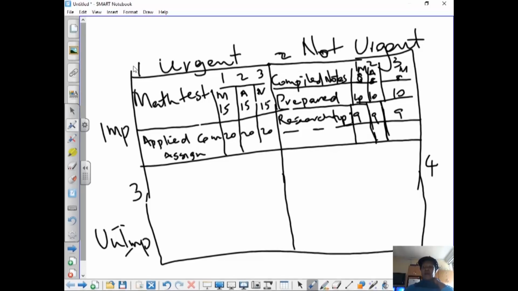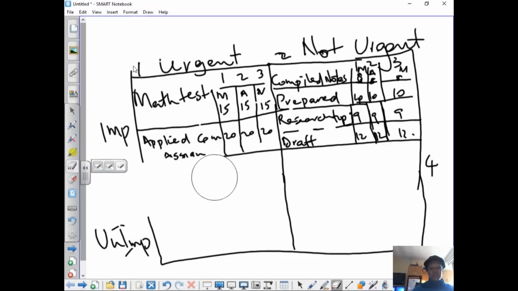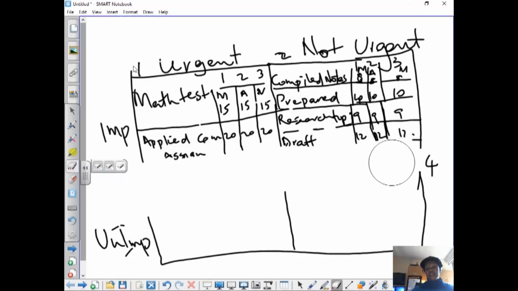And then by March 12 and 12 and 12 here, all those months, you should have a draft, so that you can modify the draft before the 20th, and then you can even submit the assignment before the 20th.